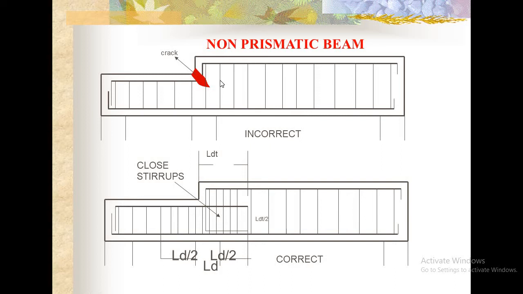Prismatic means the beam has the same cross section along its length. Non-prismatic beam means the beam has different cross sections. At this region, the beam depth is different. Hence, there is a chance to have some crack like this one. To resist this, the lateral shear reinforcement, meaning the stirrups, should be provided closer here.